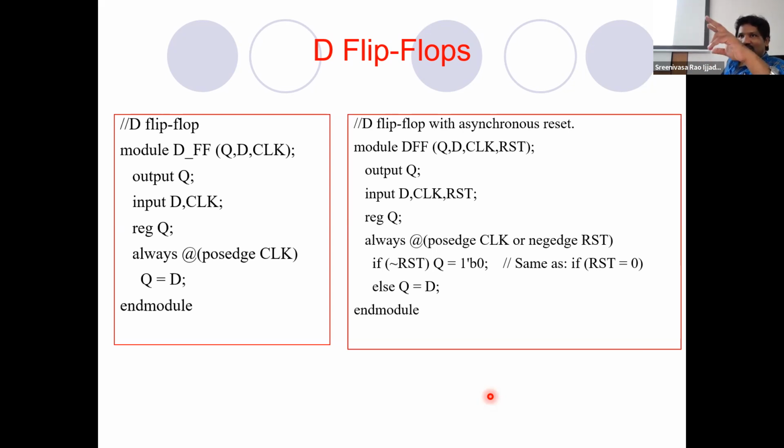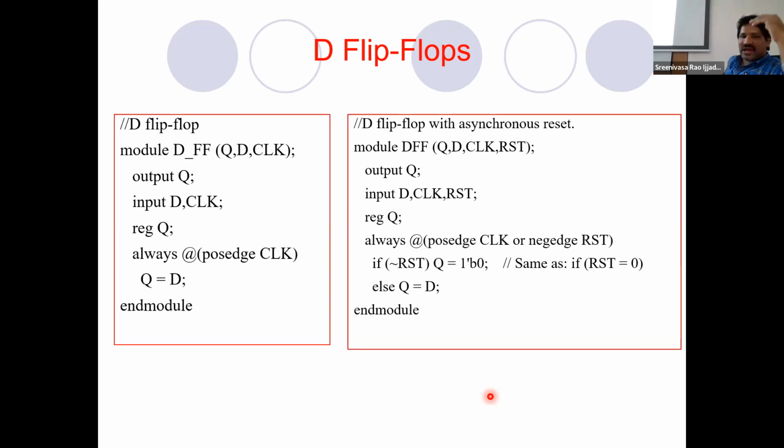So generally, in the sensitivity list, if the clock is there, based on that we enter into this block. After that, check the reset. If the reset is 0, without checking the inputs, Q is equal to 0, a 1-bit binary value.